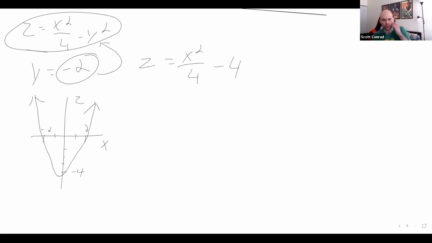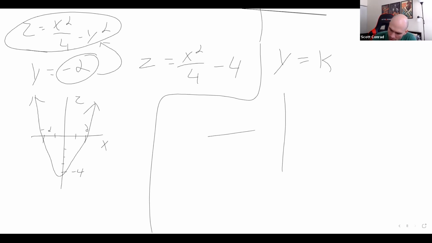And that's going to be our beautiful parabola. And then same thing in general, all of these traces, if you let y be whatever, are going to be parabolas opening upwards, and changing the value of k is just going to move these up and down. It's just going to change the z-intercepts.